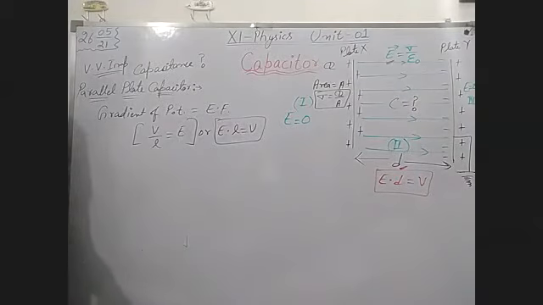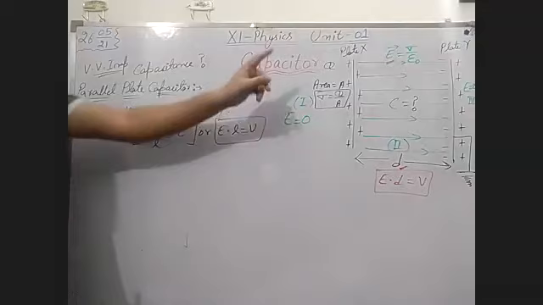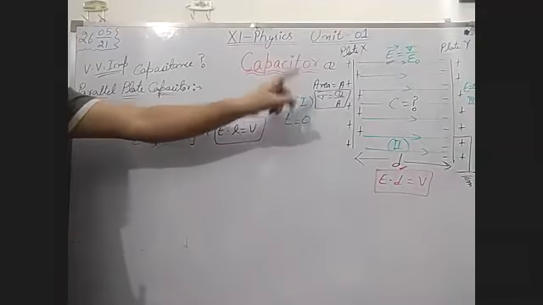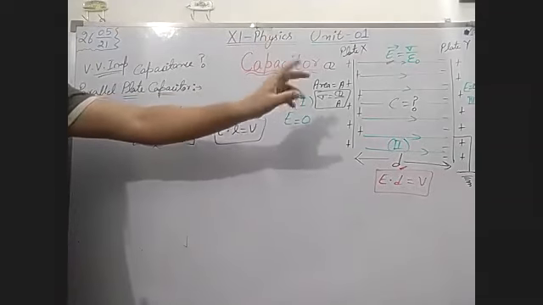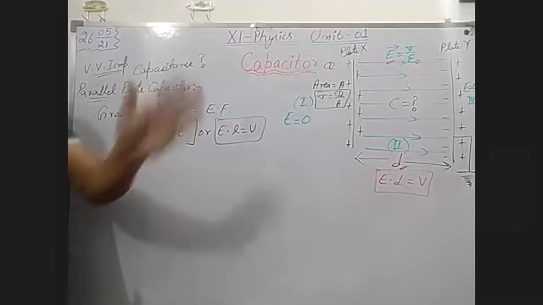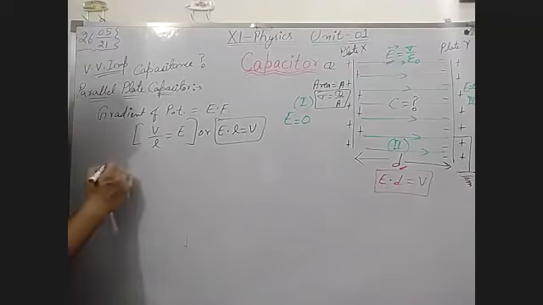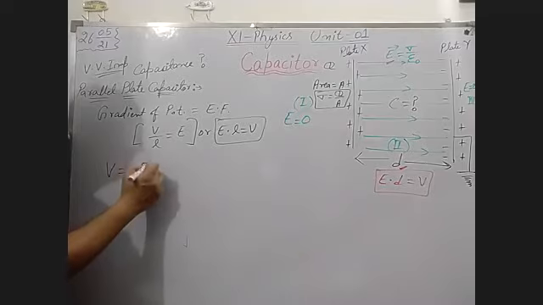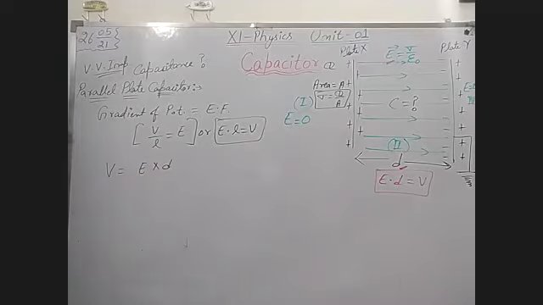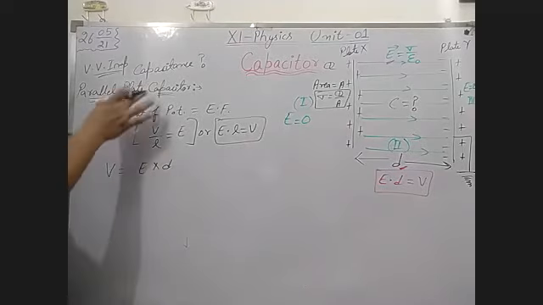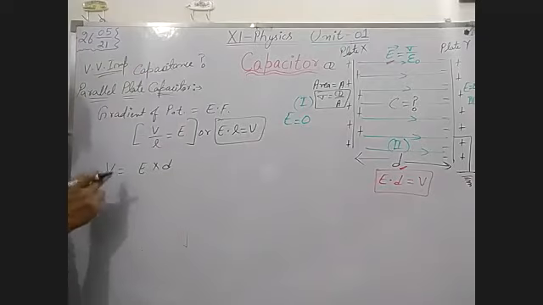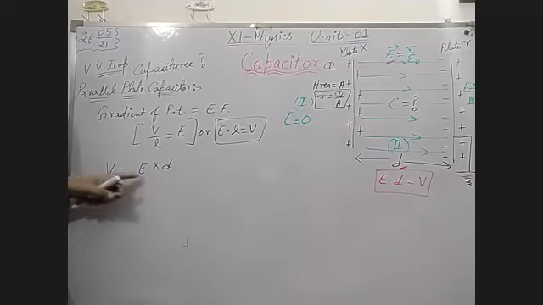Taking this electric field localized between the two plates, uniform throughout, the potential difference V between the plates is simply the electric field times the distance between the plates. Now you can take this relation: V is equal to E into d. You have to start the derivation for calculating the capacitance from there. V is equal to E into d.